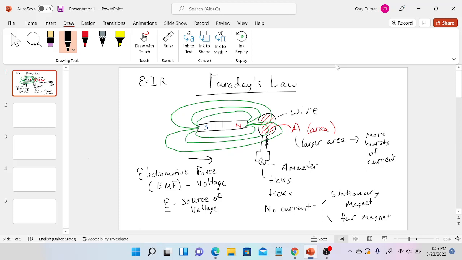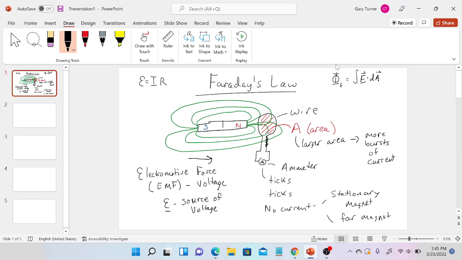Well, we've already seen a concept like this when we talked about the electric flux, which was equal to the integral of the electric field over an area, right?